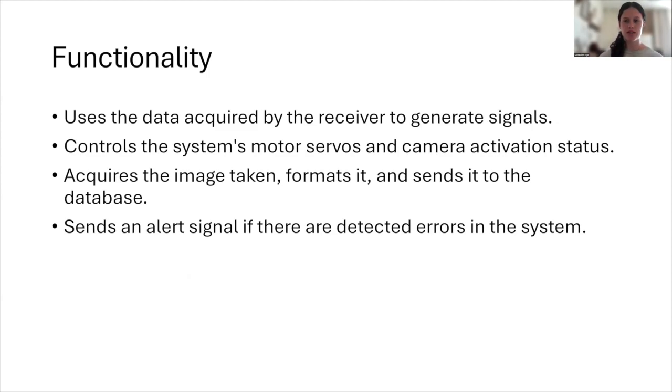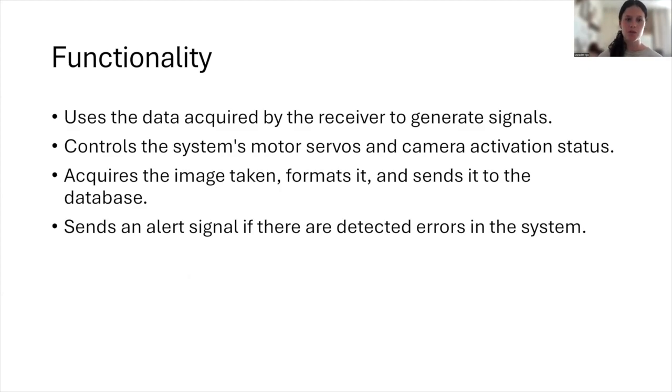My system will collect that information and use it to calculate how the motor should move and whether the camera should take a picture. Once the image is acquired, this system will format it according to the constraints and send it back to the database so that the database can send it to the website so that the website can display it to the tech police.